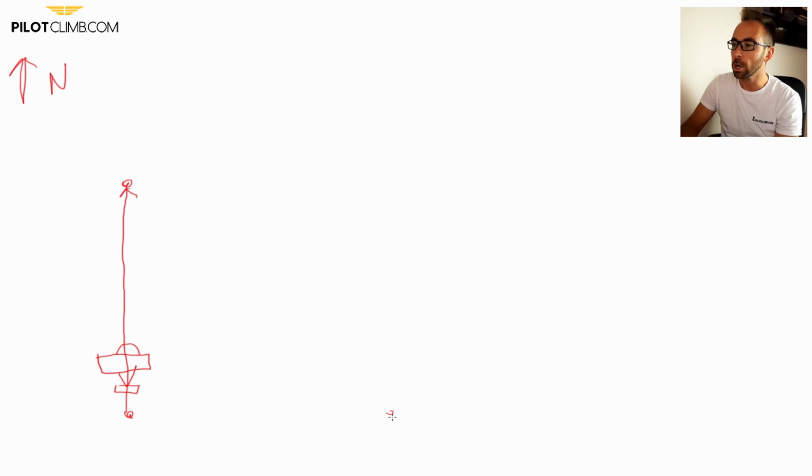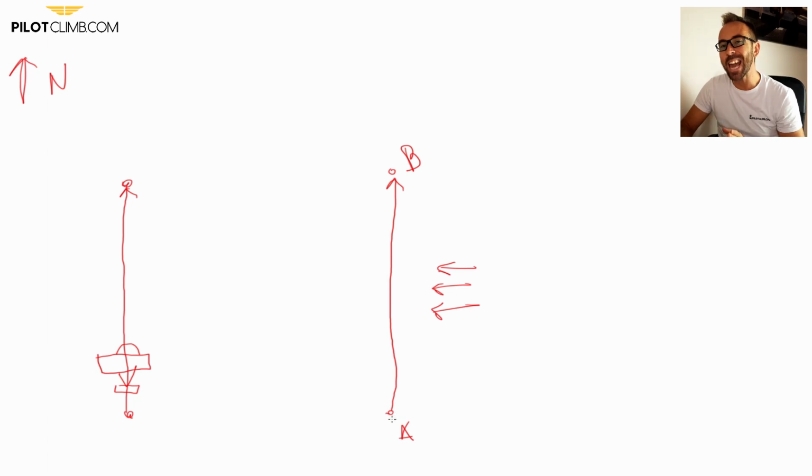However, if you've got a crosswind component, and your target is to fly from A to B, what will happen? Let's say the crosswind component is this one. If you maintain the heading north, you will still have the same heading. However, your route on the ground won't point north anymore, it will point something like 350, for example, because your aircraft will be drifted by the wind.